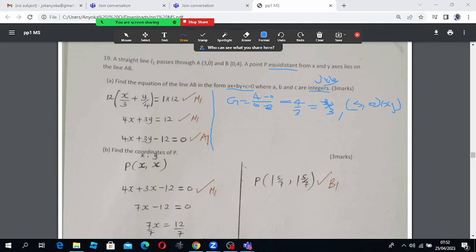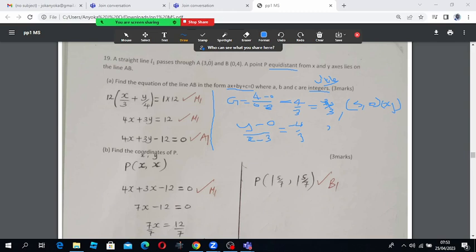That is the formal way of finding the equation of a straight line. So the gradient is equal to y minus 0 over x minus 3. This equals negative 4 over 3.